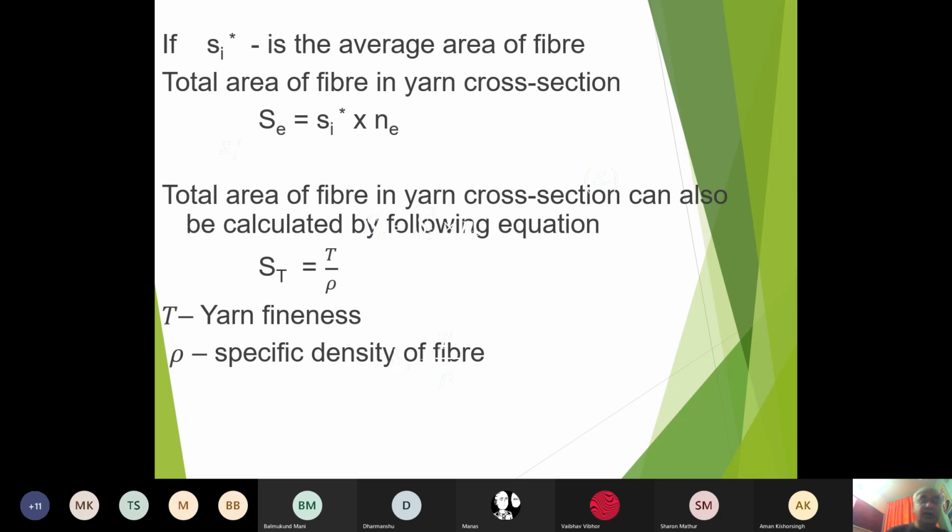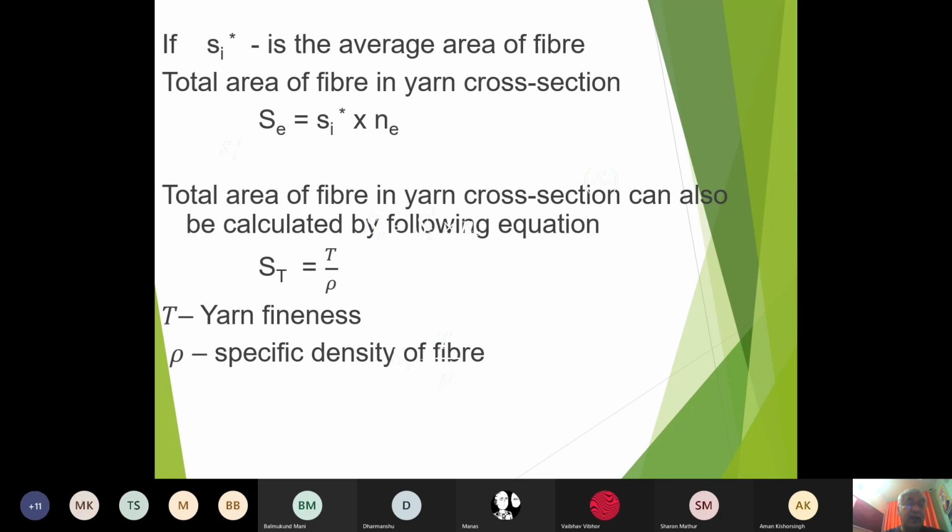I will use this terminology everywhere. Now suppose Si star is the average area and N is the actual number of fibers found experimentally in the yarn cross section. The number of fibers multiplied by the average area of the fiber is the actual area of the fiber in the yarn cross section. Once I know the number of fibers in the cross section and the average area of an individual fiber, I am in a good position to calculate the total area of the fiber in the yarn.